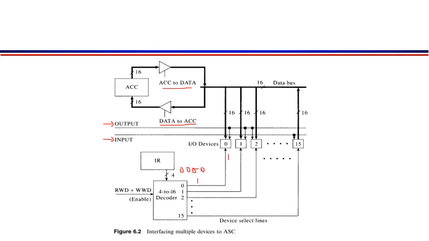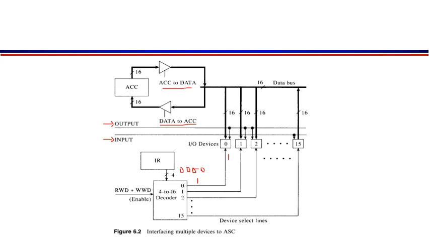So whenever there is a selection of the device, the instruction register will give 4-bit data to the 4 to 16 line decoder. Let's suppose there is 4-bit data from the instruction register in the form of 0000. So it means that the system wants to communicate with device 0.